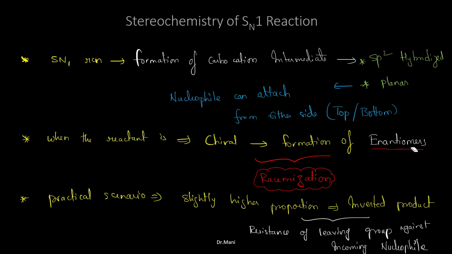We call those enantiomers, and this process is called racemization. Next, in the practical scenario, there is slightly a higher proportion of the inverted product compared to the normal product. That's due to the resistance of the leaving group against the incoming nucleophile. Because of this, there is an inversion of configuration. Remember this.